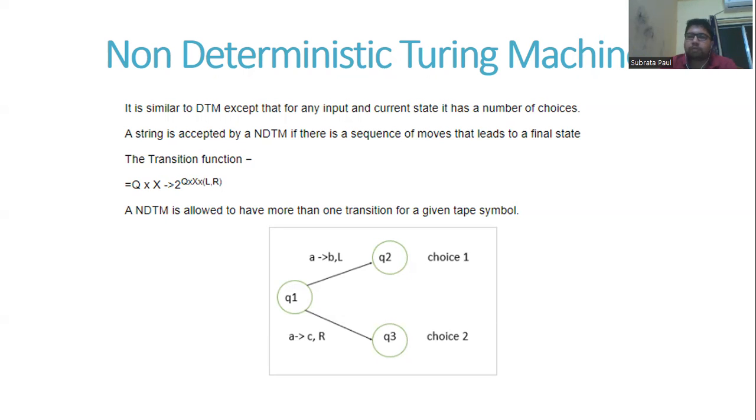That means starting from the initial state, we have different moves in order to reach the accept state. In such a case, we call it a non-deterministic Turing machine. Here you see, starting with q, after reading the input symbol x, we can move to 2 to the power of Q x X x {L, R}. That means a non-deterministic Turing machine is allowed to have more than one transition for a single tape symbol. This is the difference between the deterministic and the non-deterministic Turing machines.